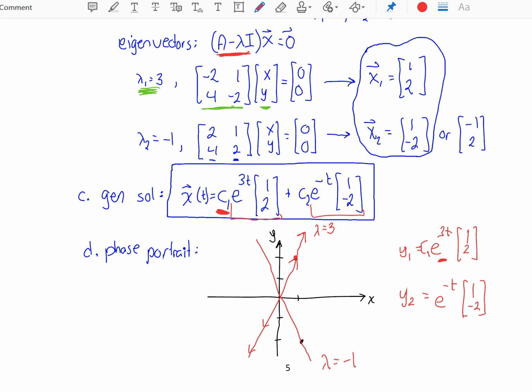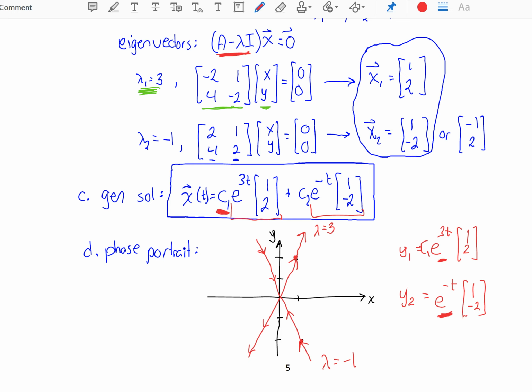Now notice as time moves on, e to the negative t is always going to get smaller and go to 0. So if you're given an initial condition that's anywhere on this line, it's going to tend to shrink over time because of that e to the negative t. And so solutions along this line will always move towards the origin. And these are what these two solutions look like.